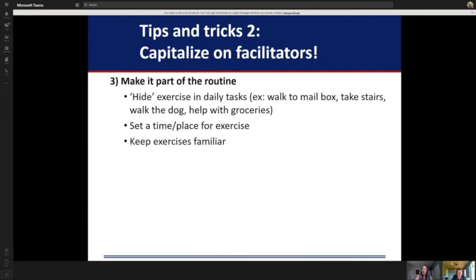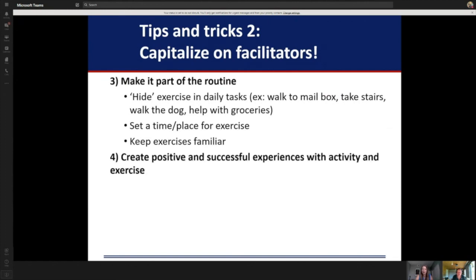Make it part of the routine. You can hide exercise in daily tasks. You can set a time or place for exercise and keep exercises familiar to get that complexity down. And then to create positive and successful experiences with activity and exercise is important.